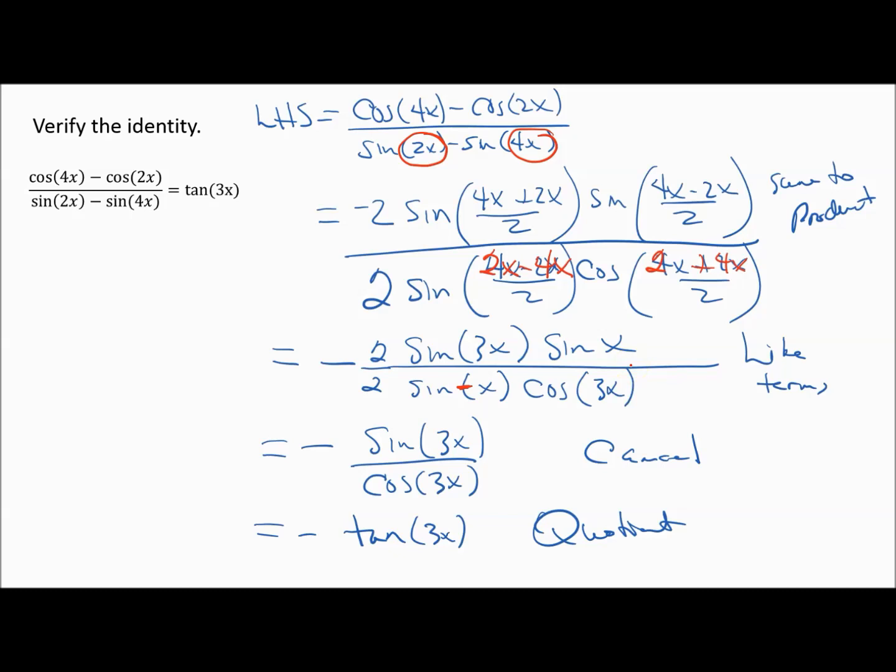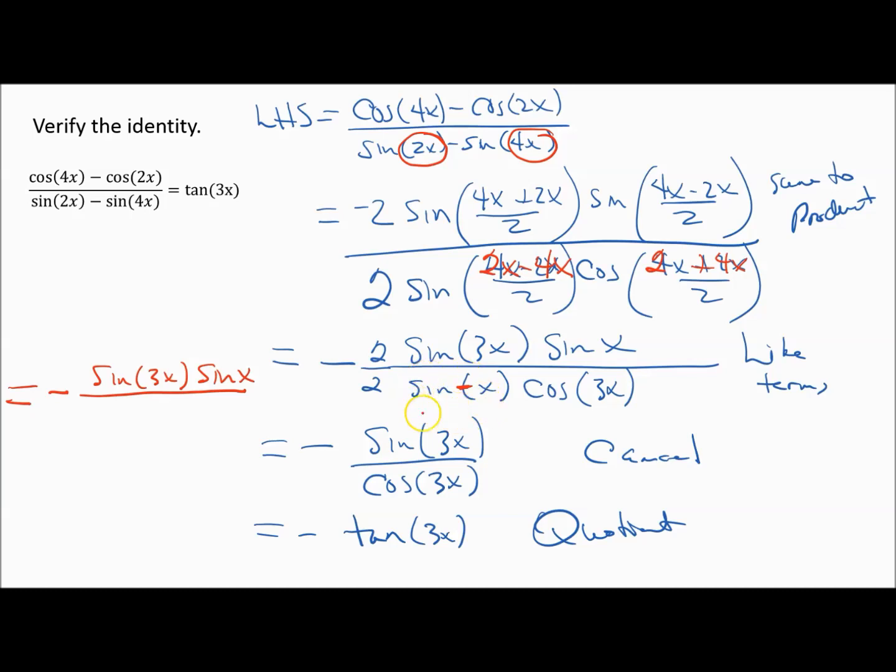Alright, now, here's the thing. I can't cancel sine of negative x and sine of positive x. So I have to squeeze a line in here. So this is like line 1, 2, 3.5, right here, line 3.5. The 2's do cancel. The negative is still in front. I have sine of 3x, sine of x, over.